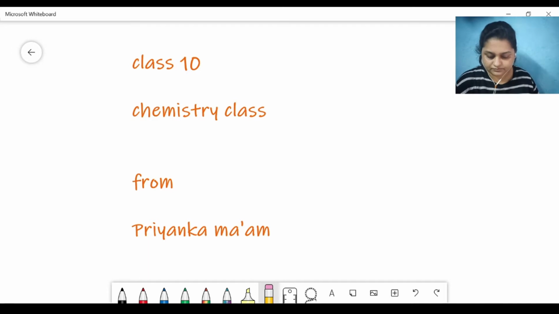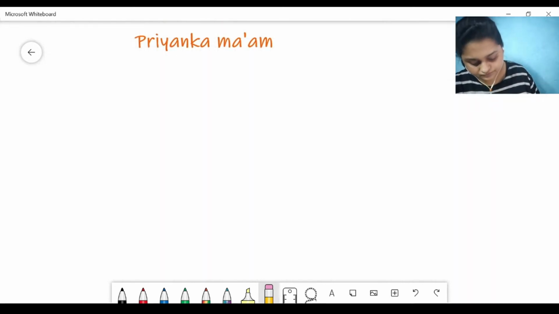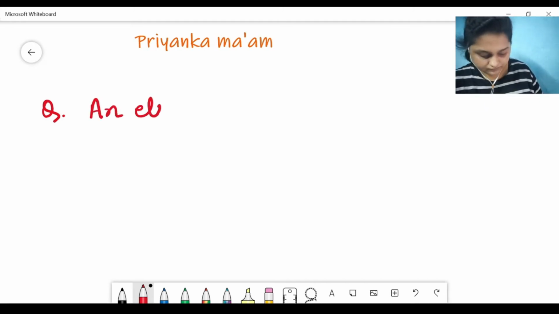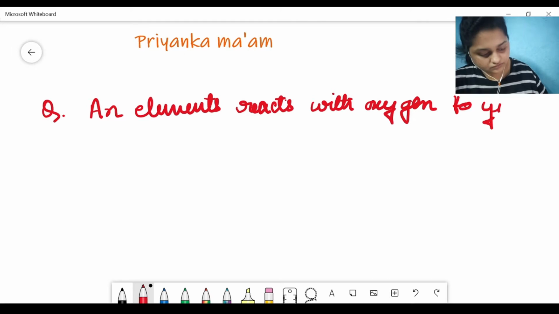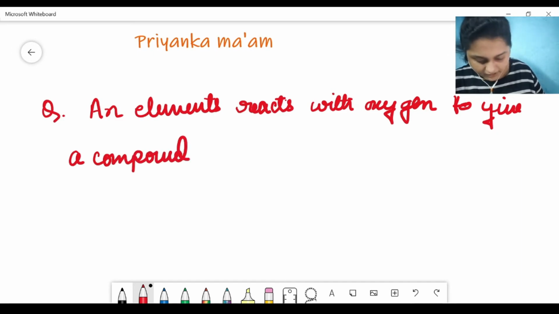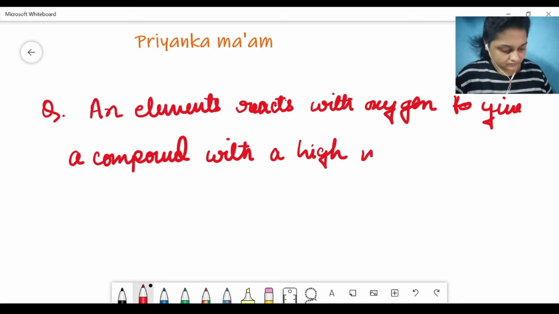The question is, an element reacts with oxygen to give a compound with a high melting point.